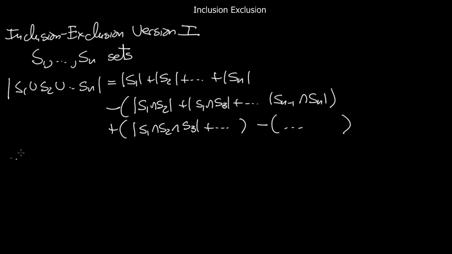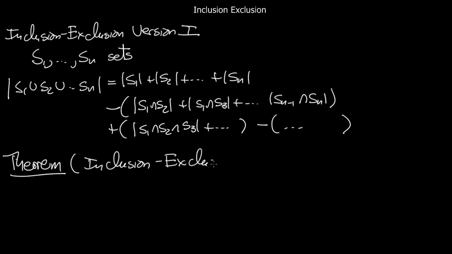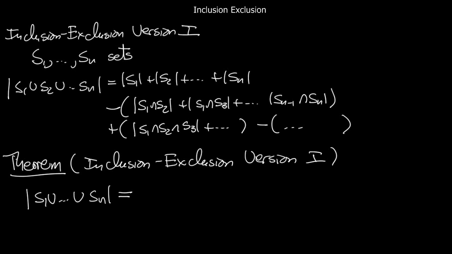So let's write the theorem. This is inclusion-exclusion, version 1. It says that the order of the union of S1 through Sn is the following alternating sum.